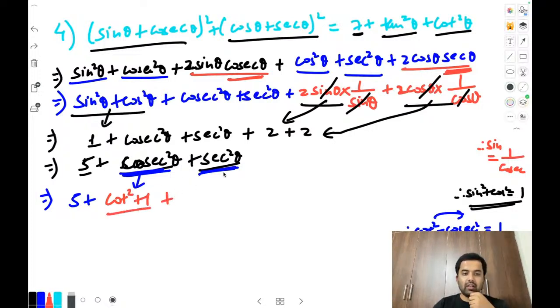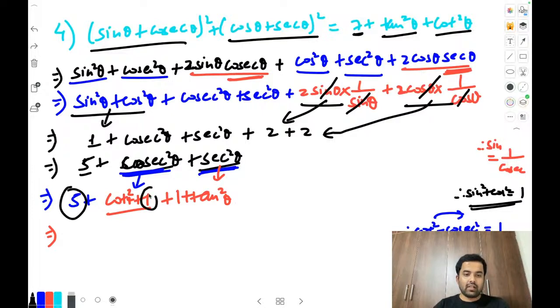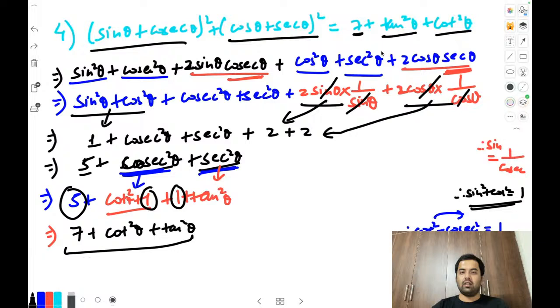So this is the value here. And in the sec place, what can we keep? 1 plus tan square. So 1 plus tan square theta. Now the last answer. Check this, boys and girls. 5 is here, 1 is here, and 1 is here again. So this answer will be 7. Cot square theta as it is, tan square theta as it is. See, did we get the same answer which is here?